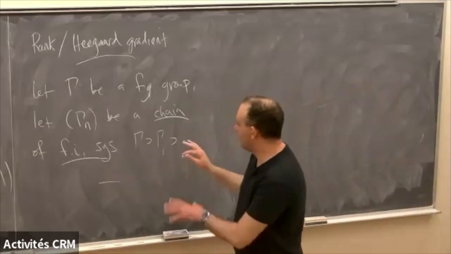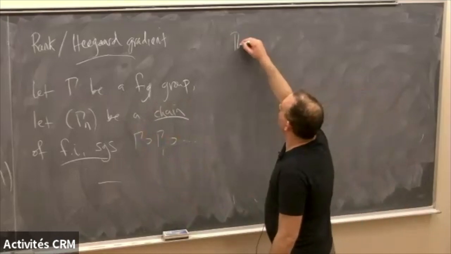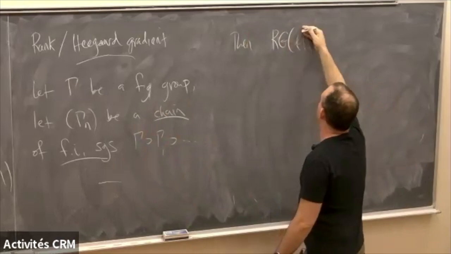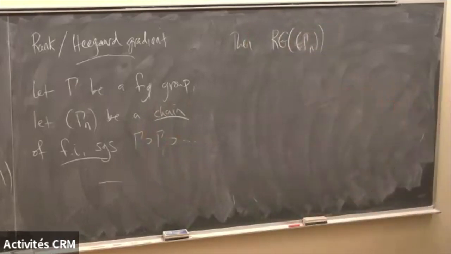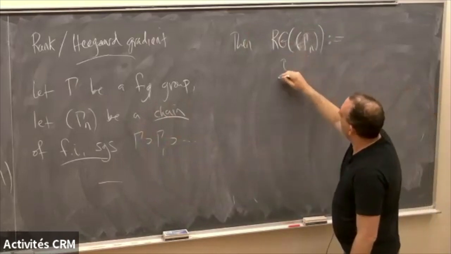Right now, I'm not assuming anything else about these subgroups. All right, so then I can define the rank gradient of gamma. Maybe I'll write it with 2 sets of parentheses just for clarity the first time. So this is called the rank gradient.